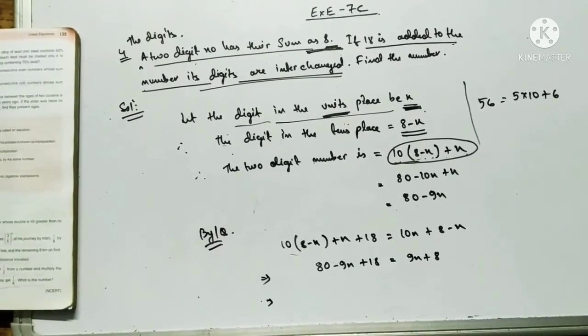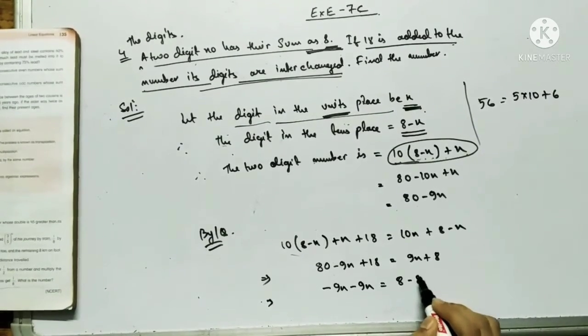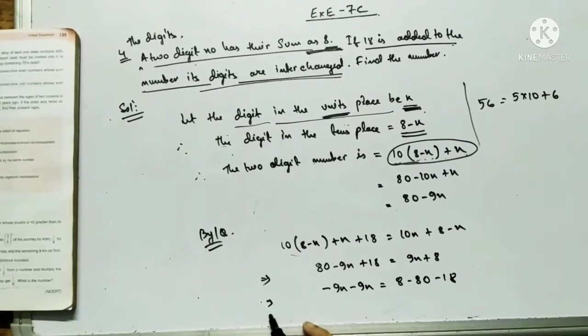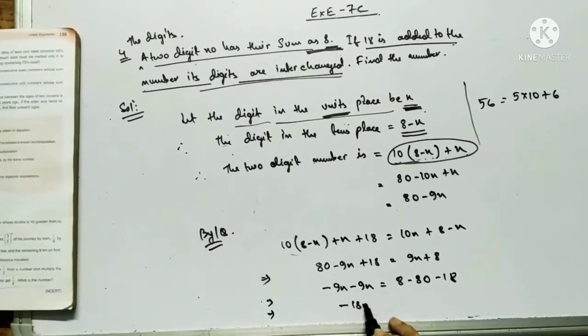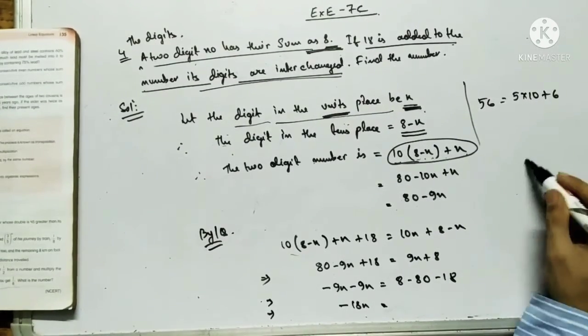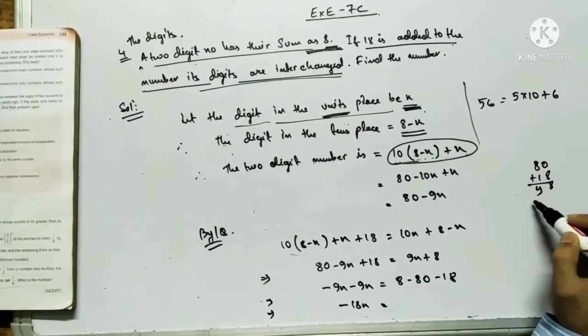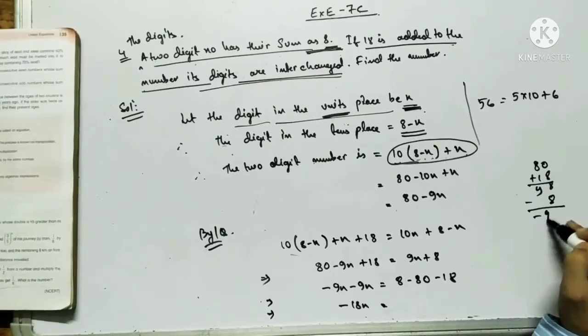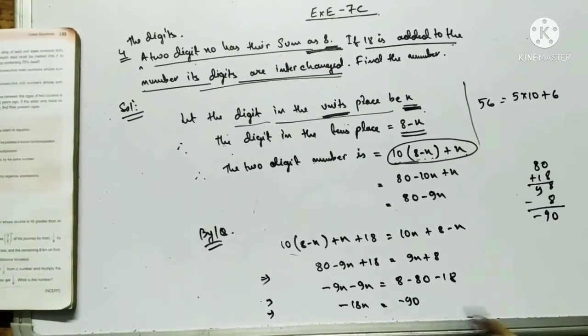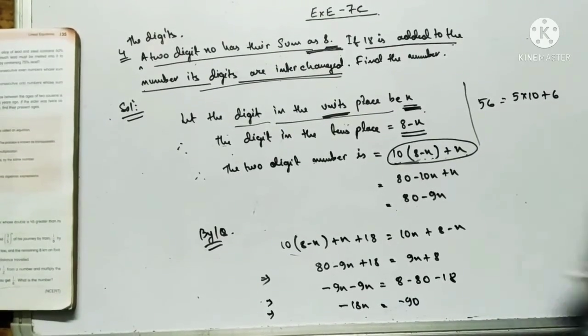Okay. So now I will bring like terms to one side. Minus 9x minus 9x is equal to 8 minus 80 minus 18. This will be minus 18x is equal to this one. If I solve 80 plus 18, this is 98, minus 8, I will get minus 90.